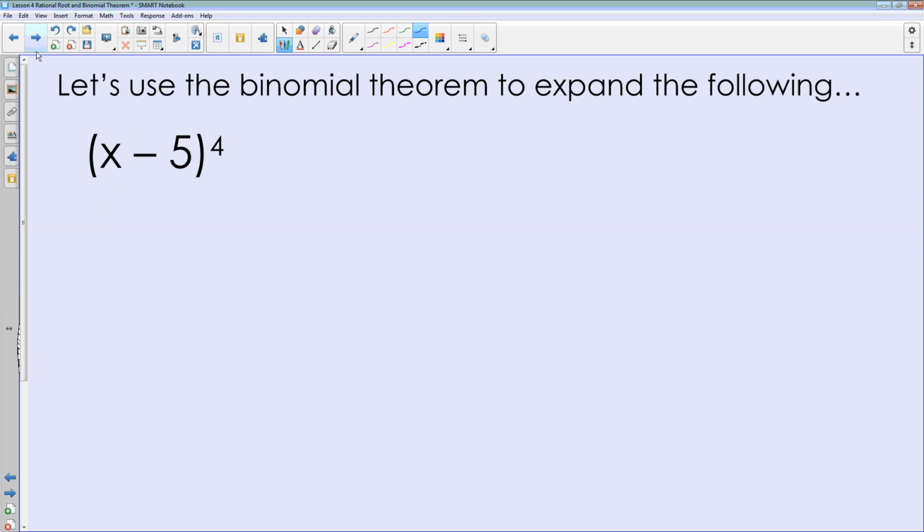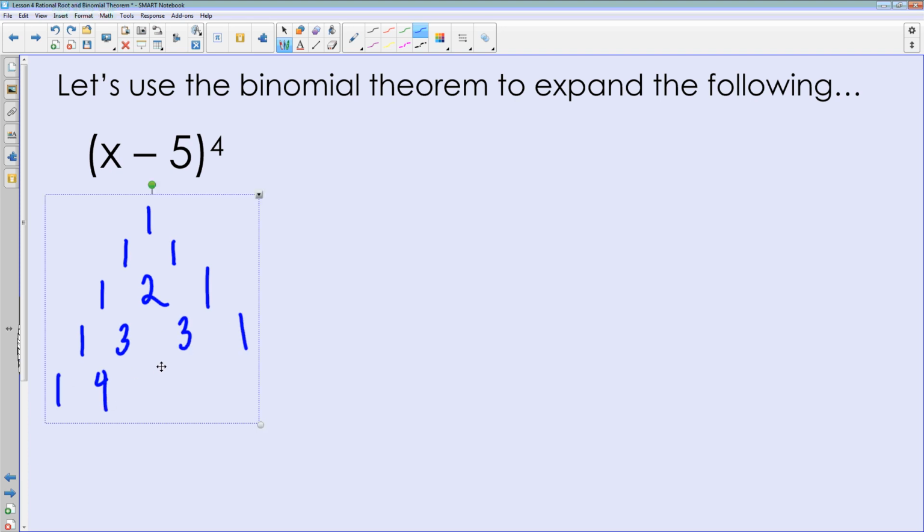So we're going to do 2 examples of this. So x minus 5 to the 4th. All right, so let's go to Pascal's triangle. There's the 0 level, the 1 level, the 2nd level, the 3rd level, and the 4th level. Oh wait, I only had to go to the 4th level.